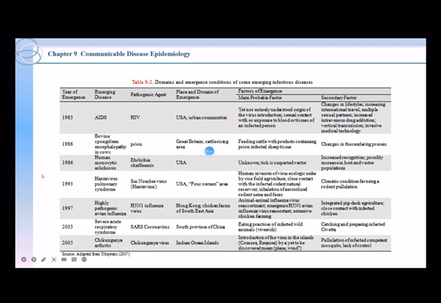And in 2003, the SARS coronavirus originated from the southern province of China, Guangdong Province, and then spread to some countries in the world. I think this SARS coronavirus caused around 8,000 deaths.